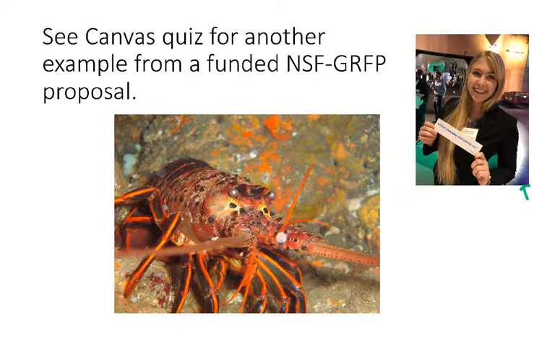This is from Dr. Caitlin Louder, who was in grad school around the same time as me, and she got a funded GRFP to look at spiny lobster, which are a common species in La Jolla in Southern California. For this quiz, I'll give you that example approach section, and then you'll pick out the different sentences she included to address each of the different criteria that we just talked about in these videos.